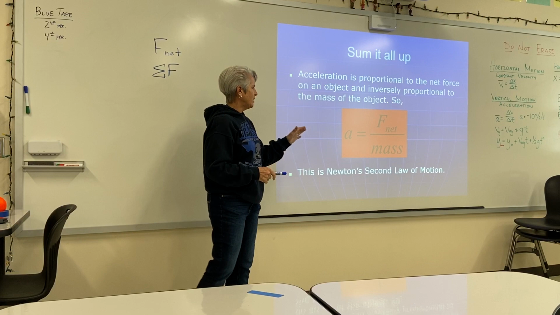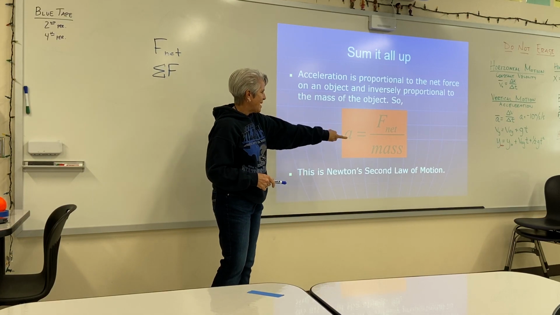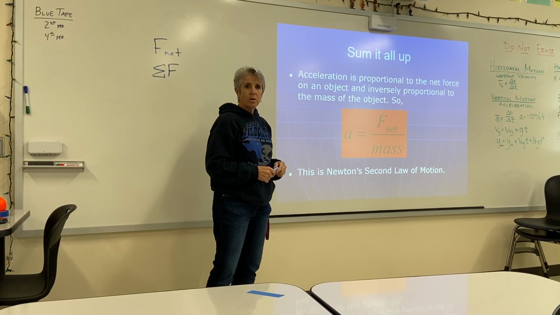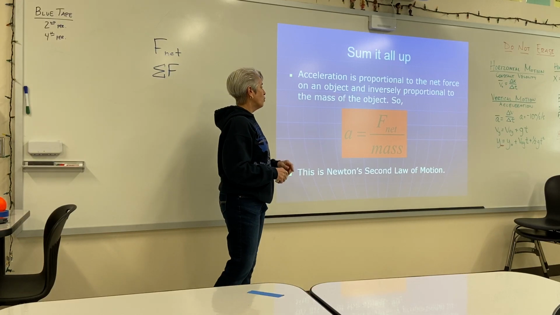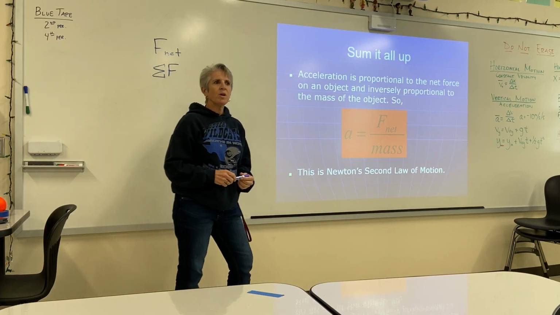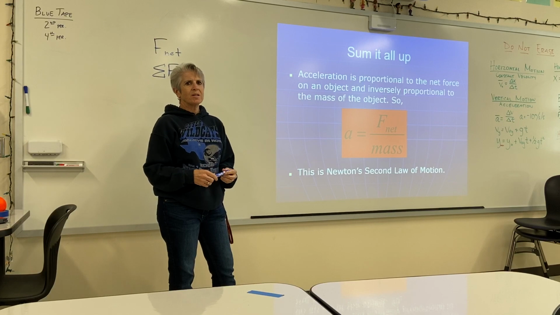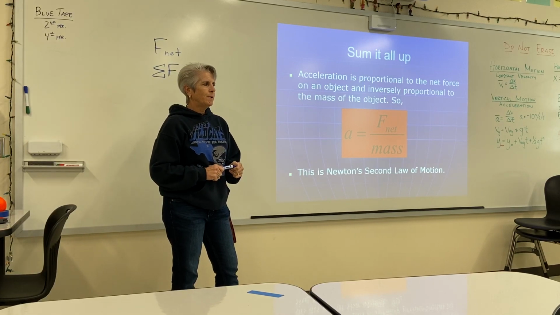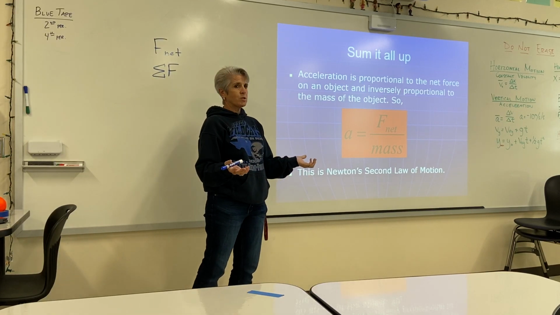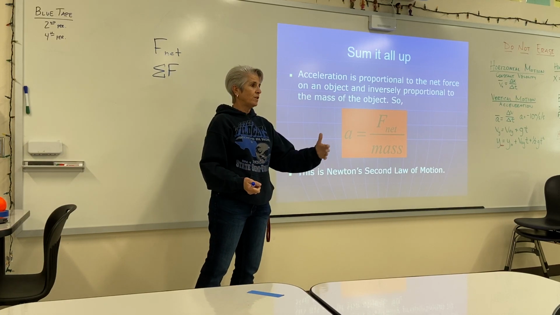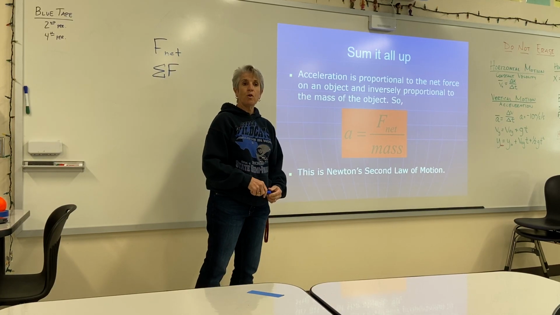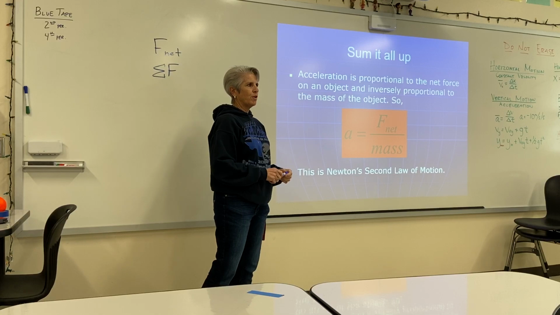Or we might rewrite it and say net force equals mass times acceleration. You can see this in both ways. But now notice that we have brought in mass as an important piece of the puzzle. We've not dealt with mass when we've been studying accelerations or velocities or how long it takes something to fall. Now mass is going to be part of our equation.